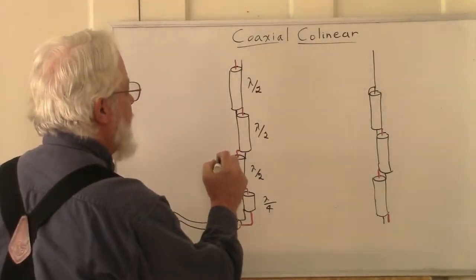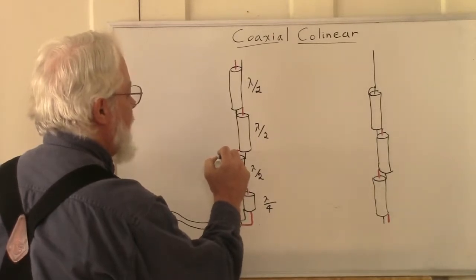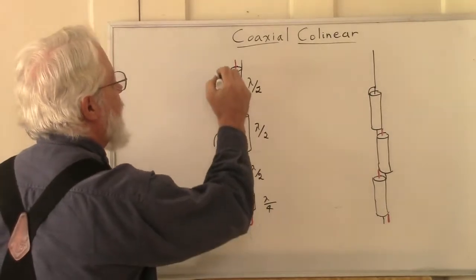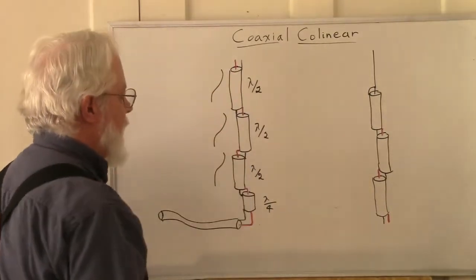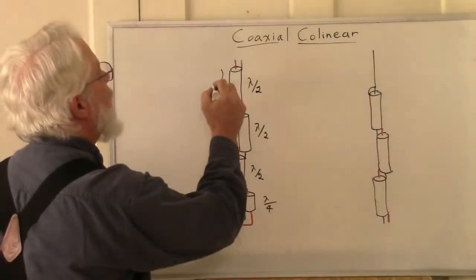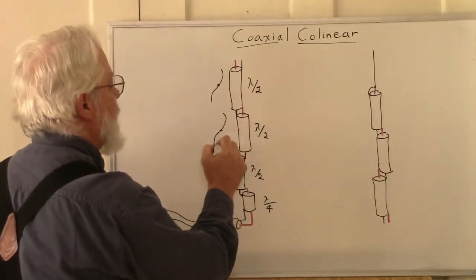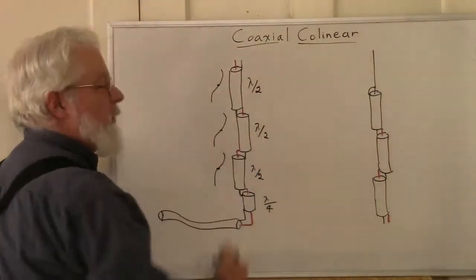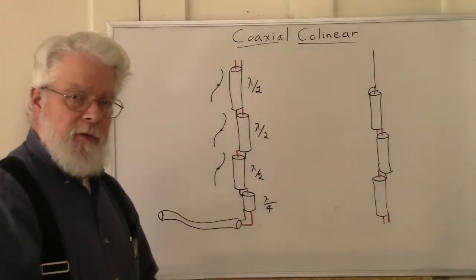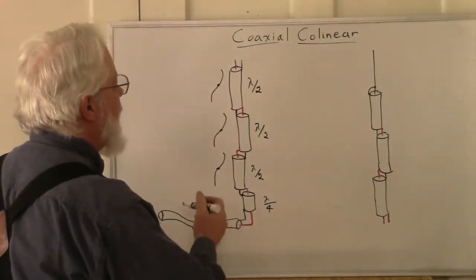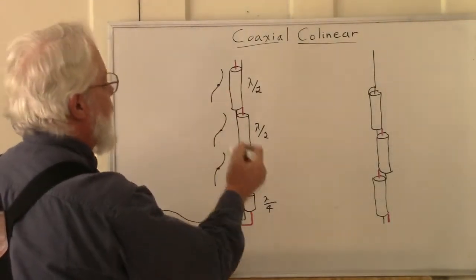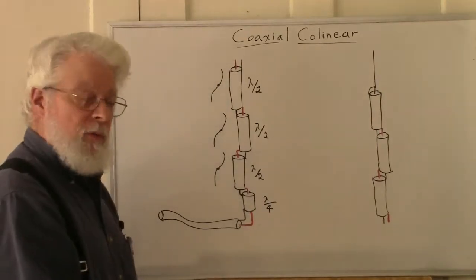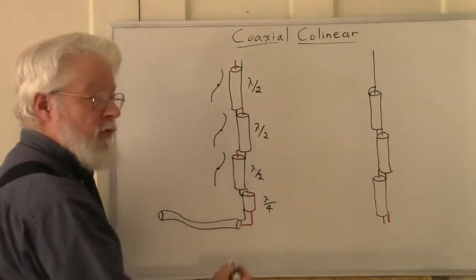So each of these antenna sections, each of these half wave elements will have a similar wavefront established on it, if this is the center of the dipole. And by going through this quarter wave section, we have taken a current node and turned it into a voltage node.